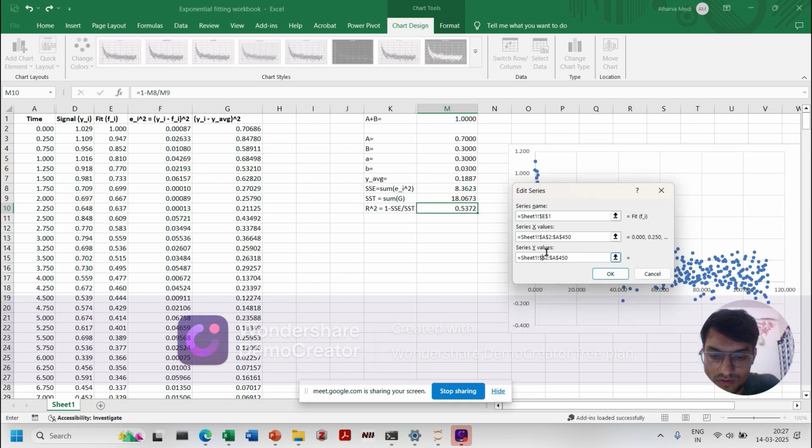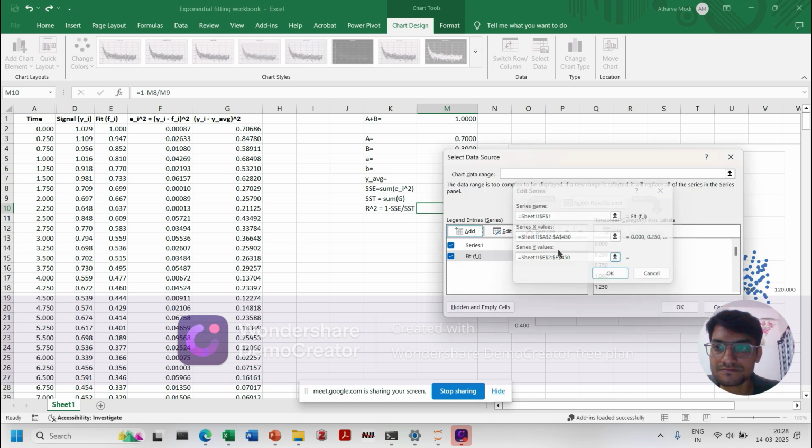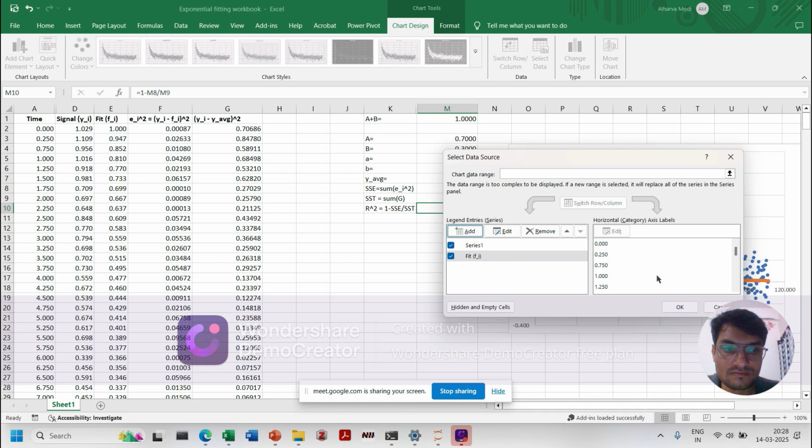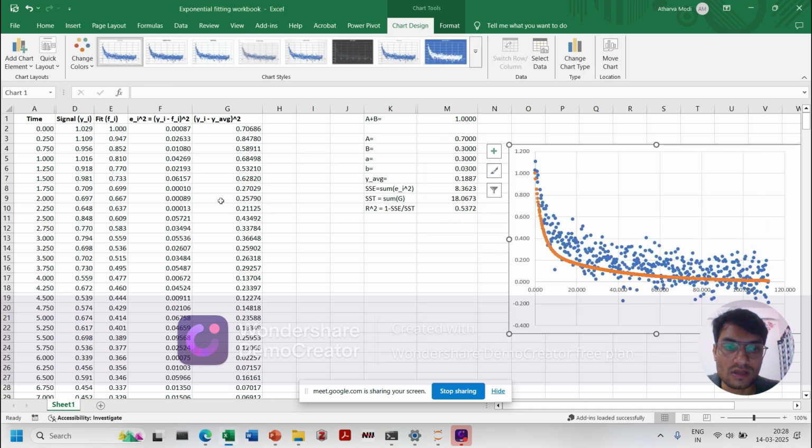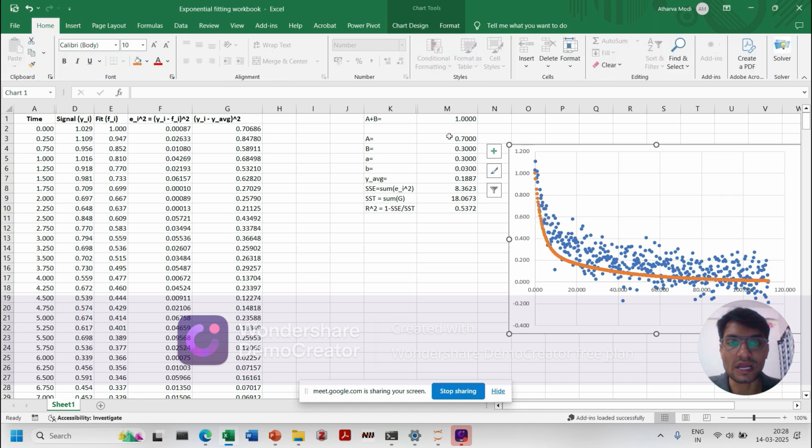Okay, so this is my fit, right? This orange one is my fit. You can see that. But this is not optimal. This is not a very nice fit to look at.